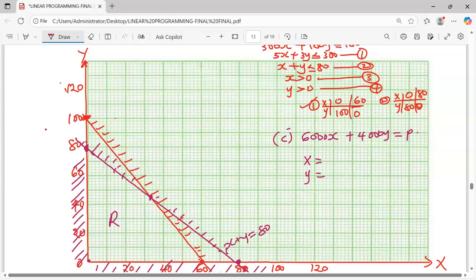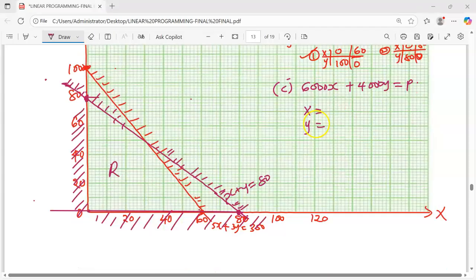If I pick the exact value at this particular corner, you can see that the value of y is going to be approximately 50, and the value of x is going to be 30. I'm going to take the maximum point at this so that we can get the maximum profit.